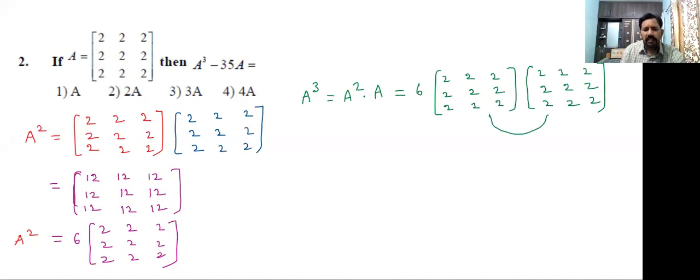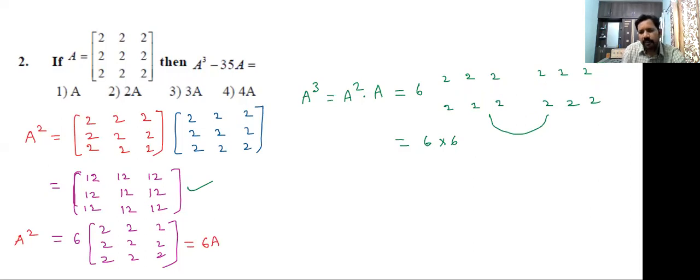Multiply these two matrices. Already we have done it here. How much are we getting? 6 into 6. Or otherwise, we can follow another method. That is, this is 6A. So I am going to follow the other method, because this is a lengthy process.